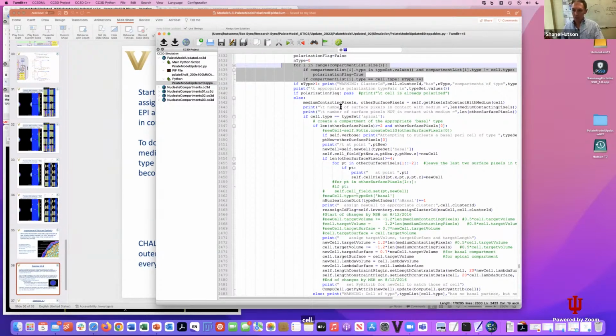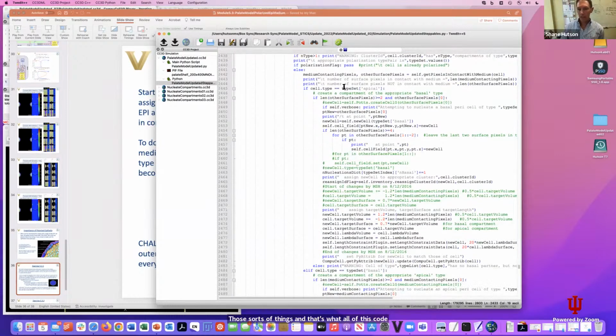So what's important is we've got to create the new cell, assign a few lattice sites or pixels to it, and hopefully lattice sites or pixels that are already in contact with its matching, or its complementary, compartment. And then we got to set any of its parameters, like its target volume, target surface area, those sorts of things. And that's what all of this code here does.